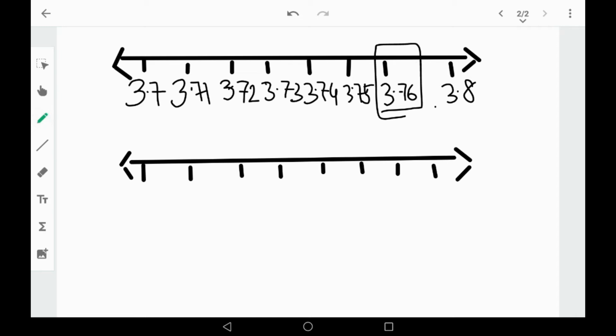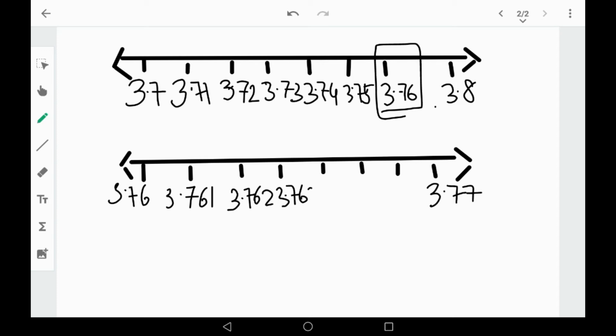So now I have to take 3.76 and 3.77. Between these two numbers we will have numbers like 3.761, 3.762, 3.763, 3.764, 3.765.